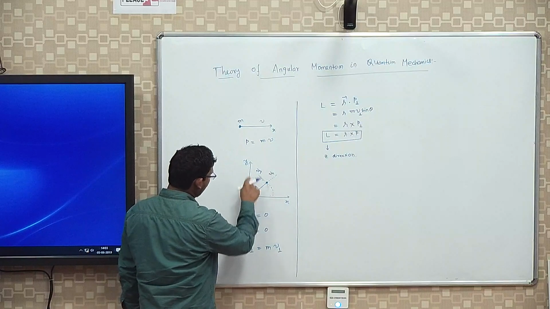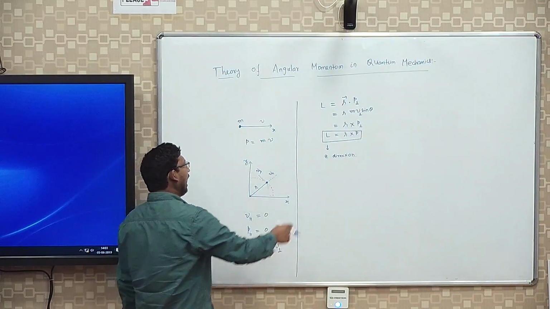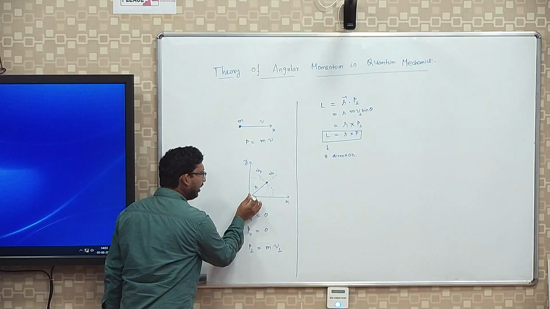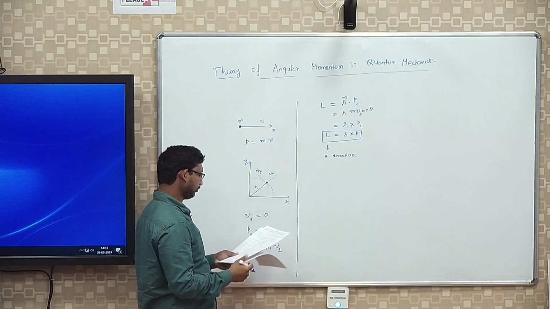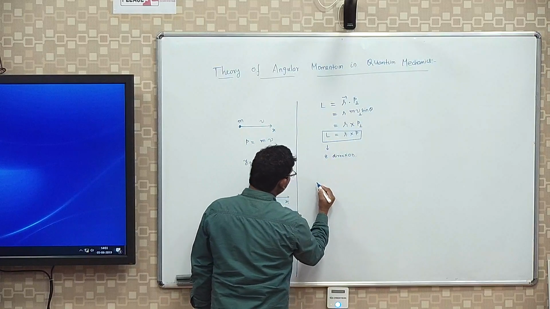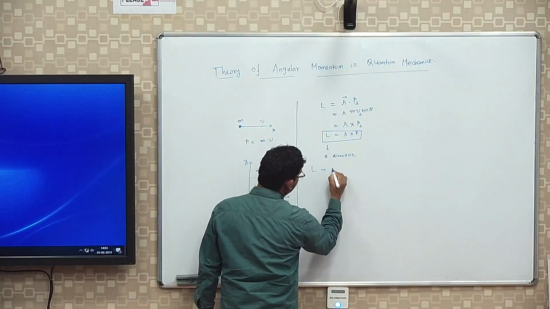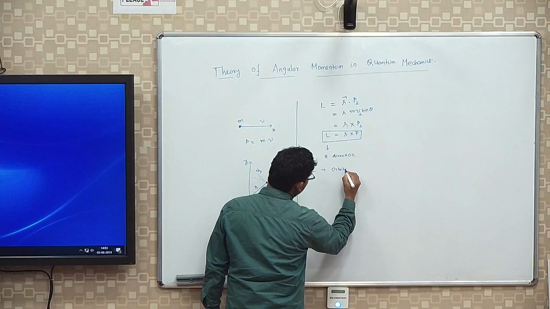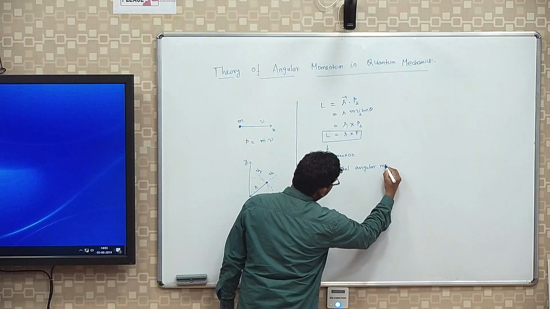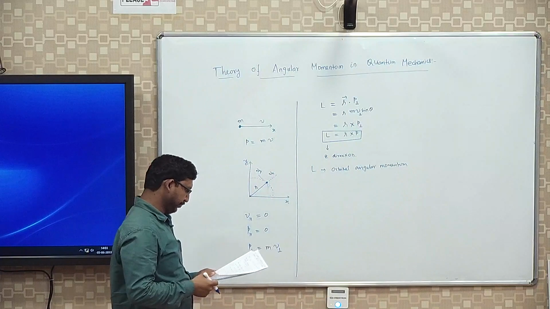This L is nothing but the angular momentum, and it is along the z direction. This is the x-axis and y-axis. When the particle is moving in the xy plane, the angular momentum is along the z direction, that means perpendicular to the board. This angular momentum L we call the orbital angular momentum.